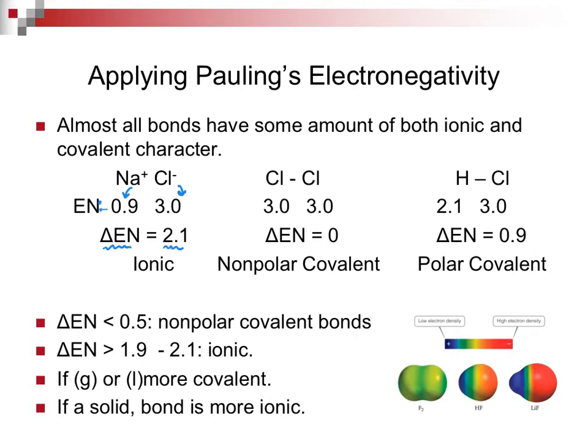Let me kind of go a little bit further. I'm going to use chlorine's values again, and I'm going to see my difference now is equal to 0. Now I'm going to pump in the values for hydrogen and chlorine, and I see my difference is going to be 0.9. You notice there's a different word associated with these changes. Under a 2.1, I call it ionic.